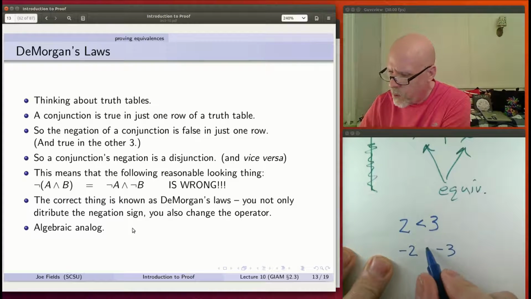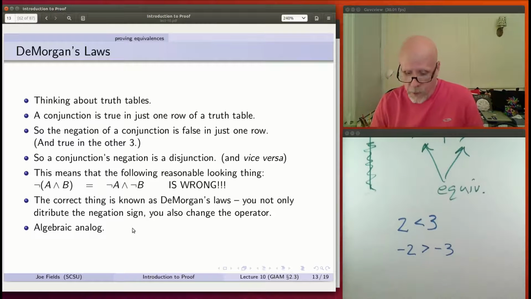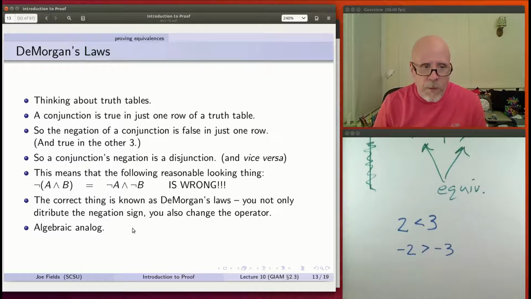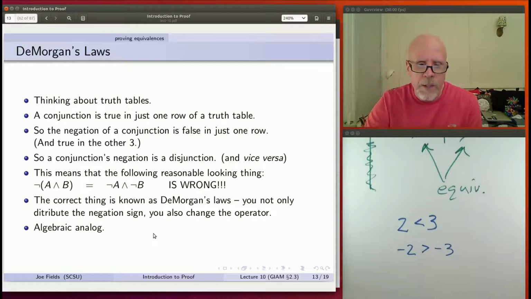But remember that you have to switch the direction of the inequality when you do that. That's how that works. So it's an instance of sort of distributing the minus sign and then also changing the type of the operator. So it's somewhat like what De Morgan's law does. I'm not sure if there's any theoretical underpinning to why that's true. I just wanted to give you a sense of an analogy there.